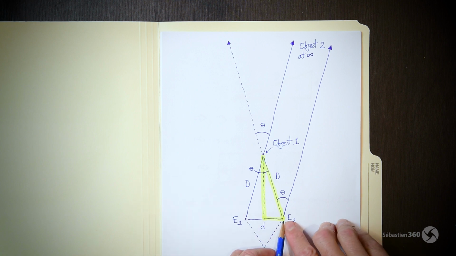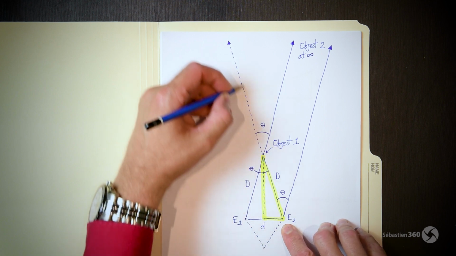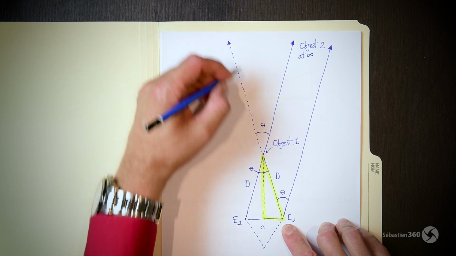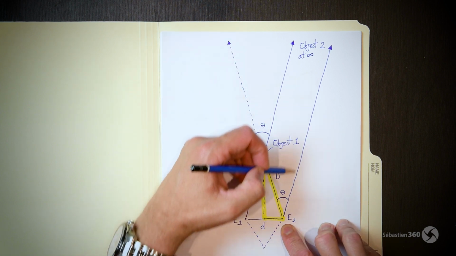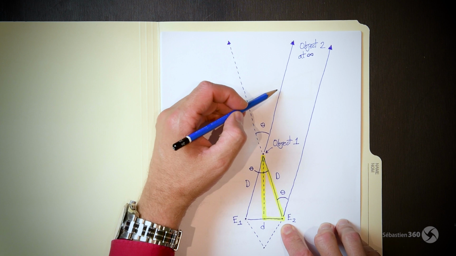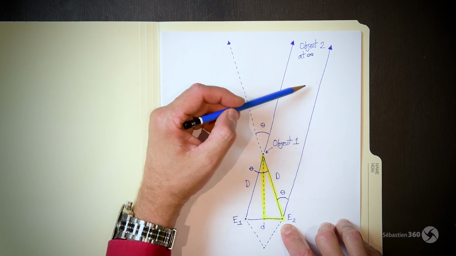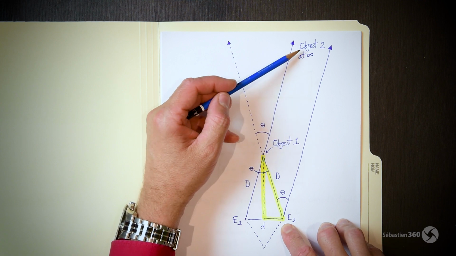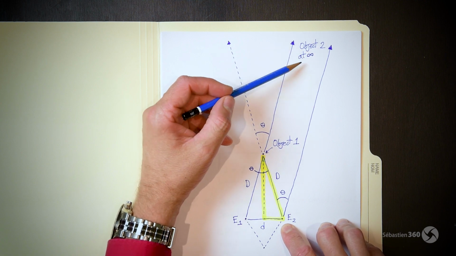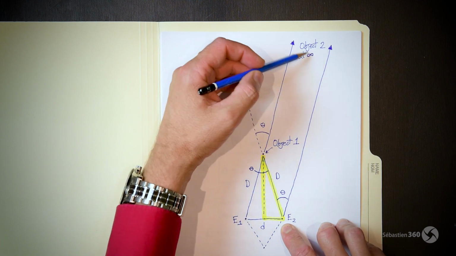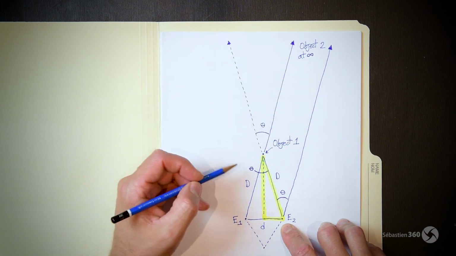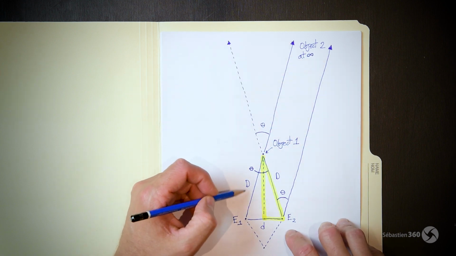So now if we look at object 1 as seen from camera 2, object 1 will be seen in this direction. But object 2 will still be in this direction, parallel to camera 1. Why is it parallel? Simply because object 2 is at infinity. And you know that anywhere you are, if you look at something at infinity, you will look in a parallel direction.